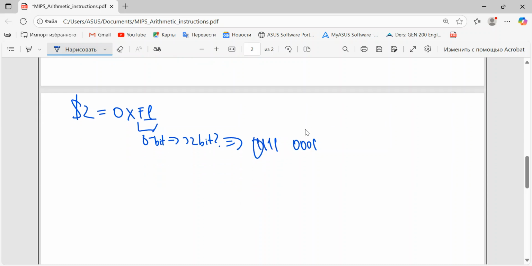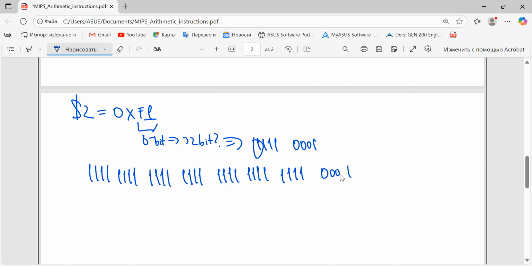If it's a signed instruction, we care about the first bit, and the extension is going to be 1, 1, 1, 1, 1, 1, 1, 1. So that was our initial format, and we added how many? 24 ones.